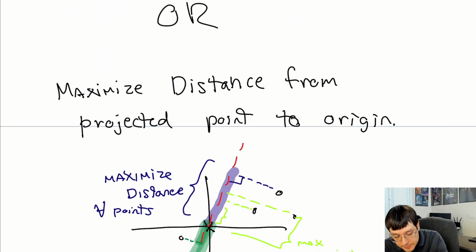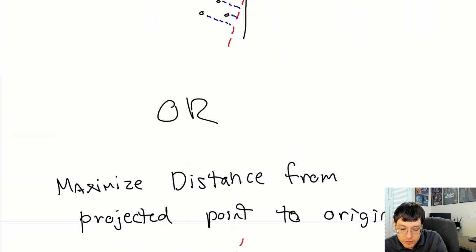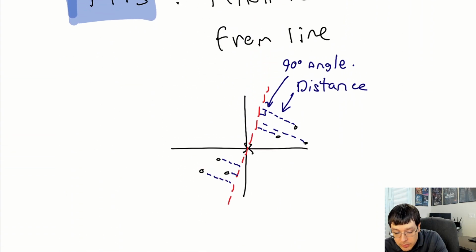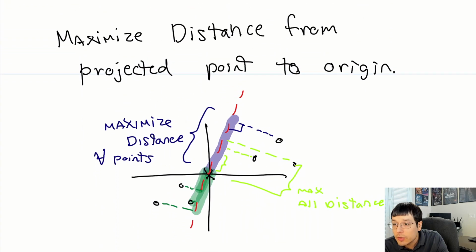But what we're going to be doing is something a little bit different. So while this would work very fine, so you're trying to just minimize this distance, this is a little bit hard to compute. And so instead, what we can do is, instead of computing this distance here, I'm going to compute the distance that maximizes from the origin to wherever that intercept is.